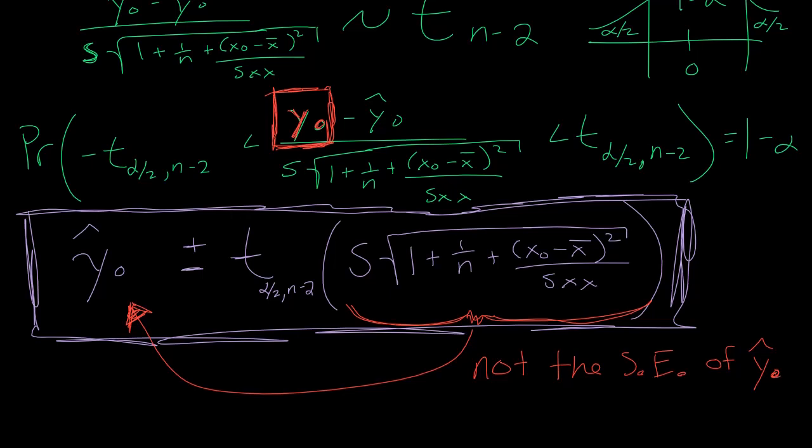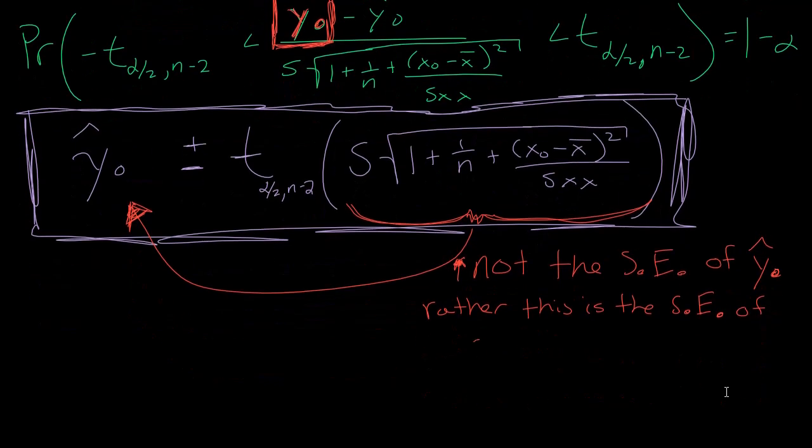That's why we call it a prediction interval. Rather, this piece here is the standard error of that unobserved residual, y naught minus y naught hat.